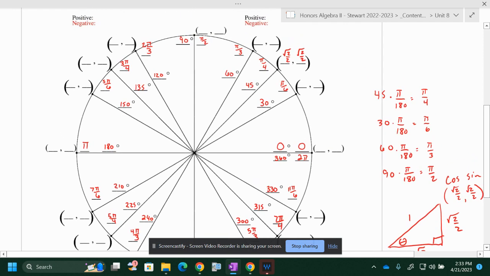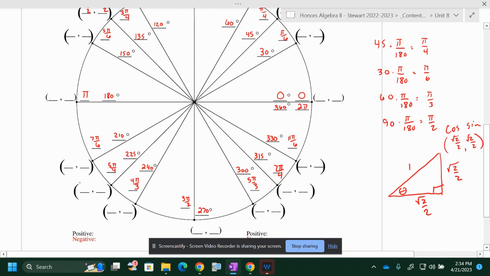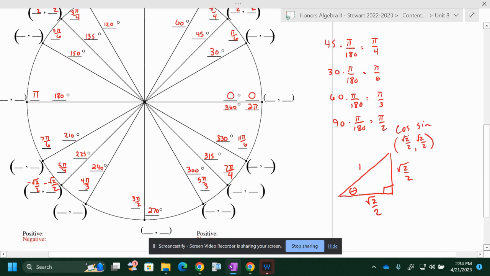So over here, my x is negative square root 2 over 2, and then positive square root 2 over 2. Down here, these are both negative square root 2 over 2. I'm in the third quadrant where everything's negative. And then over here, first square root 2 over 2, and then negative square root 2 over 2.